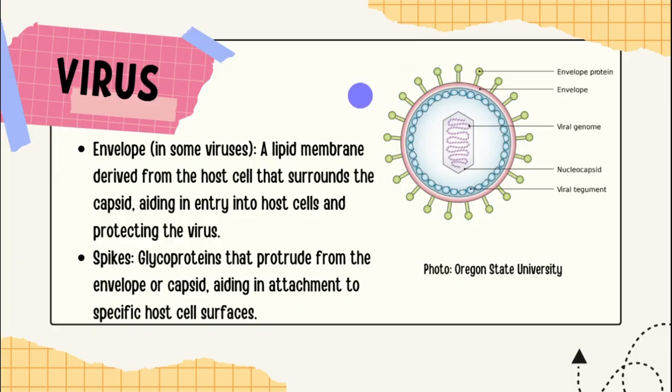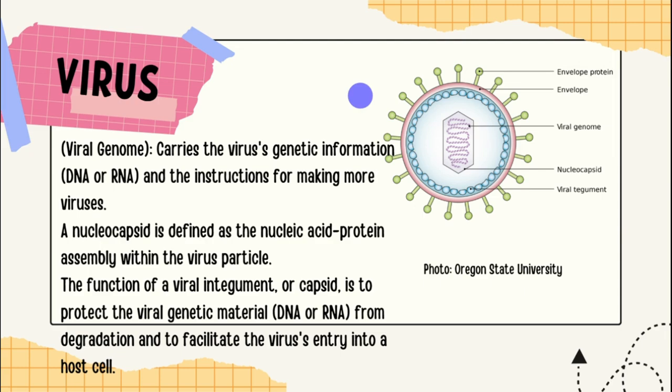When a virus is so well equipped, tell me, when that virus gets into your body and basically hijacks your cells, what are you going to fight with? When this virus is so well adapted to attach to the surfaces, it's protecting its viral genome, same thing, RNA or DNA, and that is what's going to cause it. So that's the whole point of it: hijack your cells and cause infection. But as you can see, this reminds me so much of the bacteria. They're so much alike. That is why they classify them as microorganisms, right?